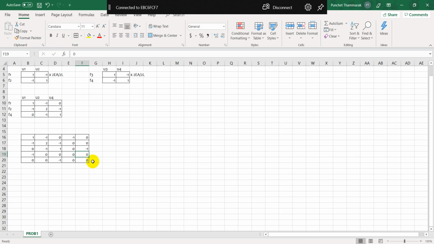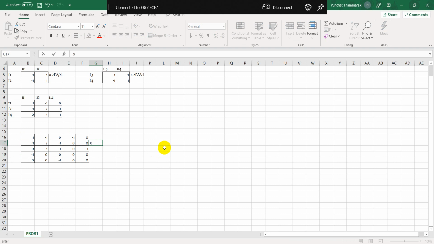That means I'm going to enforce the boundary condition at U1 and U4. Okay, so this is U1, U4, U1, U4. So here is your right hand side.